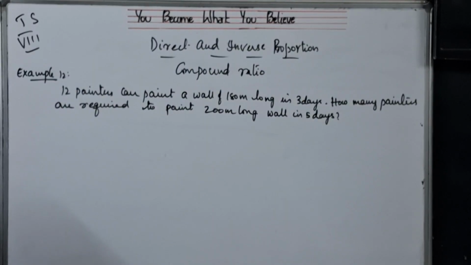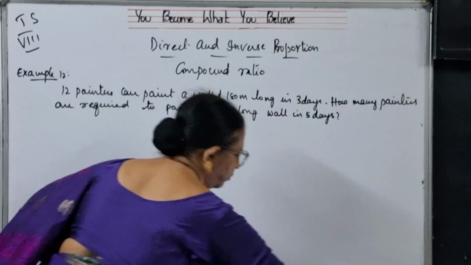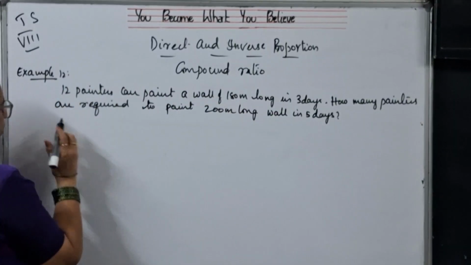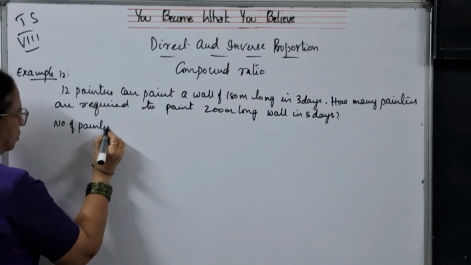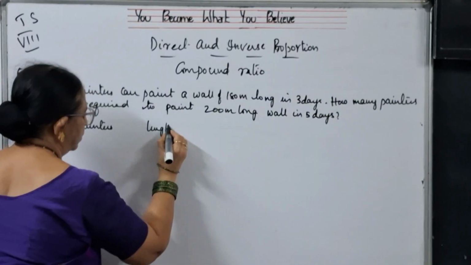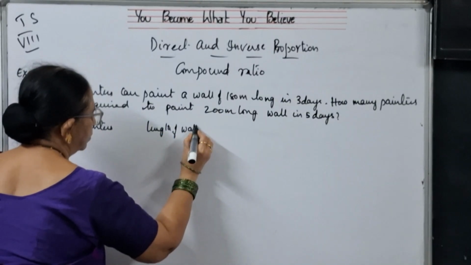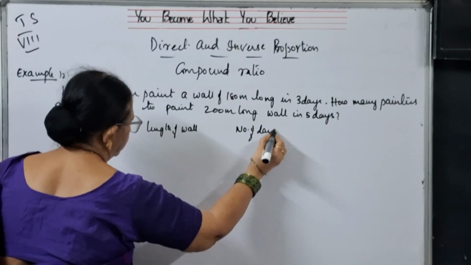Now this problem, children, example 12: 12 painters can paint a wall of 180 meters long in 3 days. How many painters are required to paint a 200 meters long wall in 5 days? So let us see what is given here. Number of painters we have got, and length of wall, and number of days.